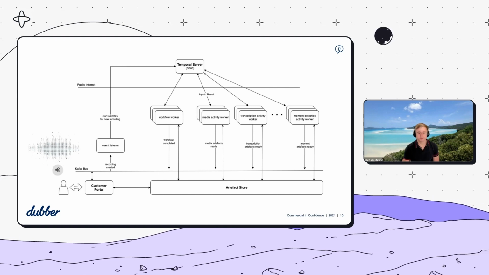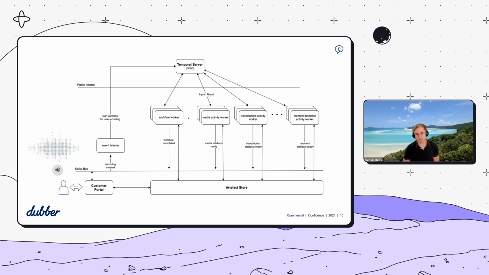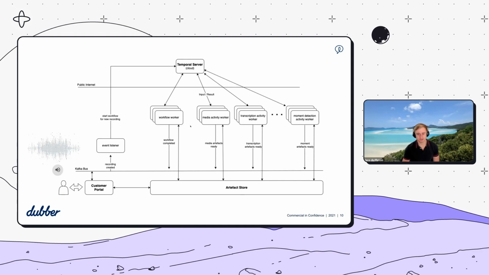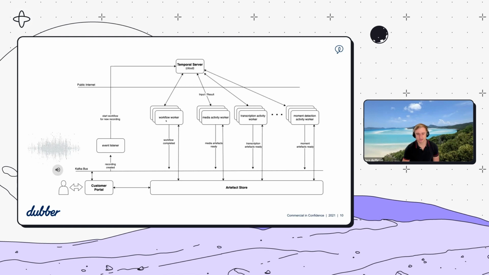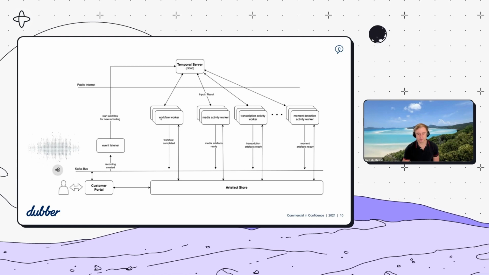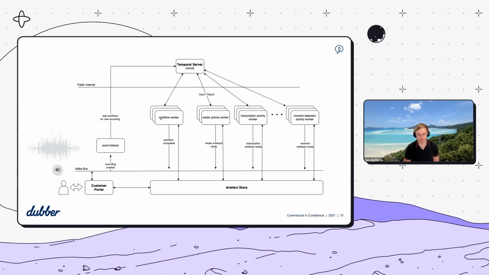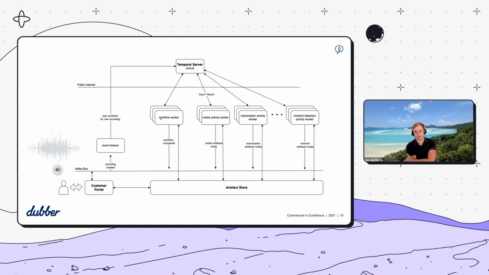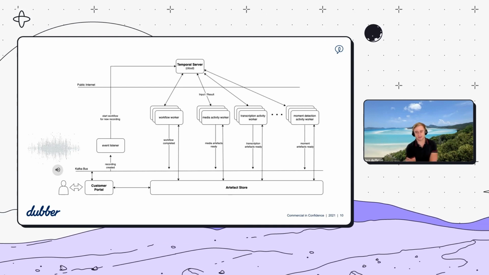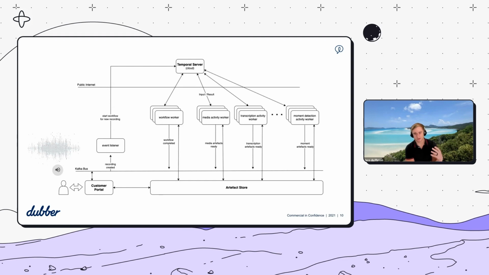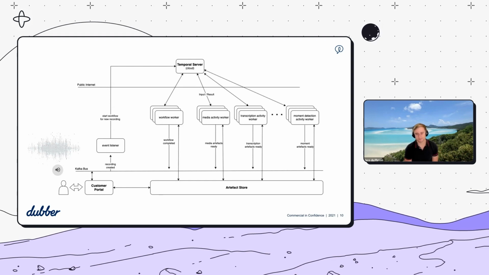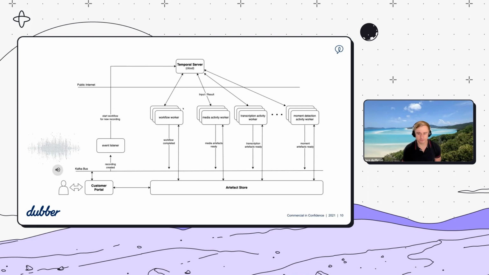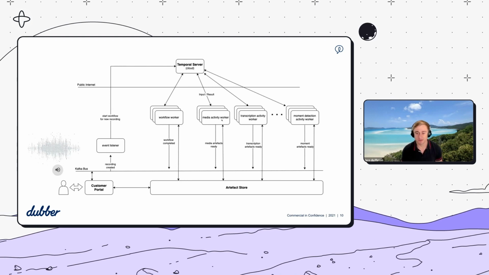Temporal Cloud then talks to what's called our workflow worker. For those of you who don't know, the workflow worker in Temporal basically contains your orchestration code. That orchestration code will say things like, if it's this type of workflow, these are the sets of activities you want to run. Generally for our workflows, we'll always start with the media activity.